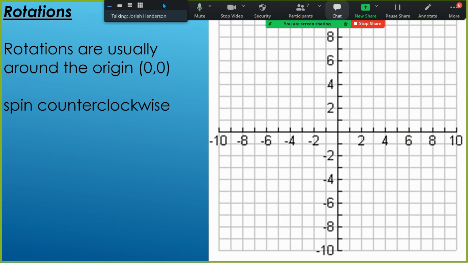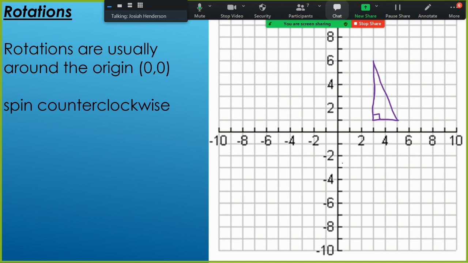Folding it along that line of reflection. When we do a rotation, we're not folding anything. We're starting with our figure. Let's say I have a triangle shaped like this. A right triangle with a nice sharp point on the top.